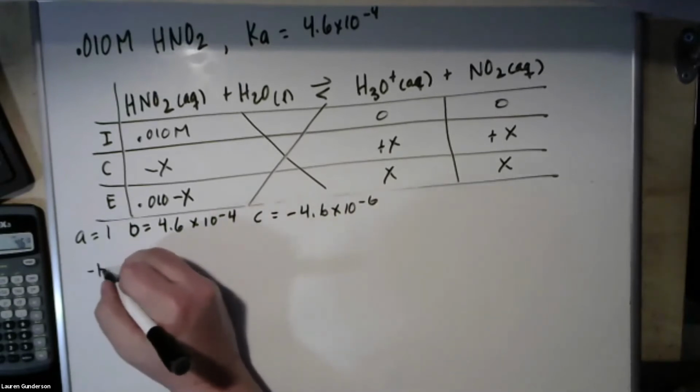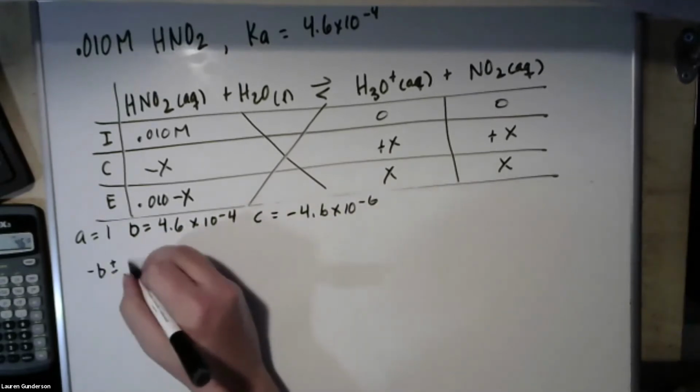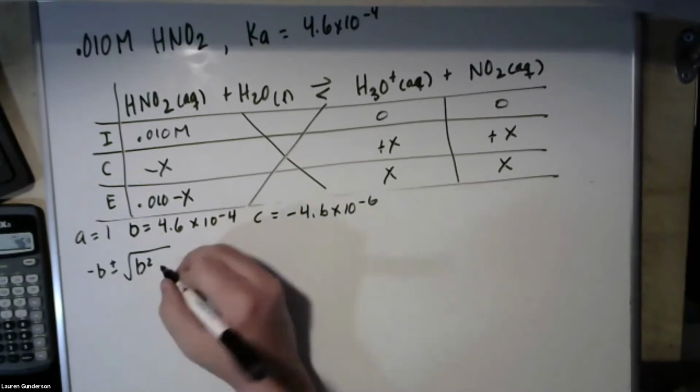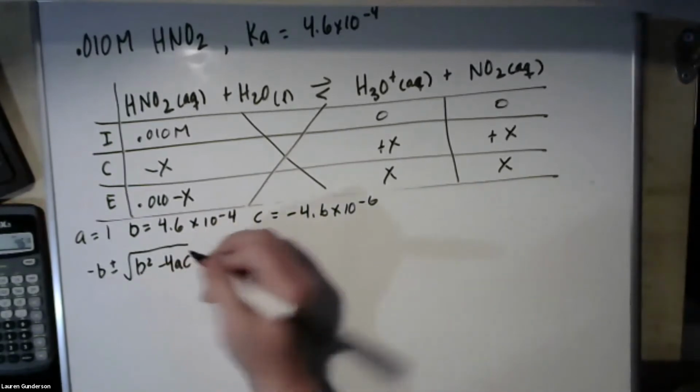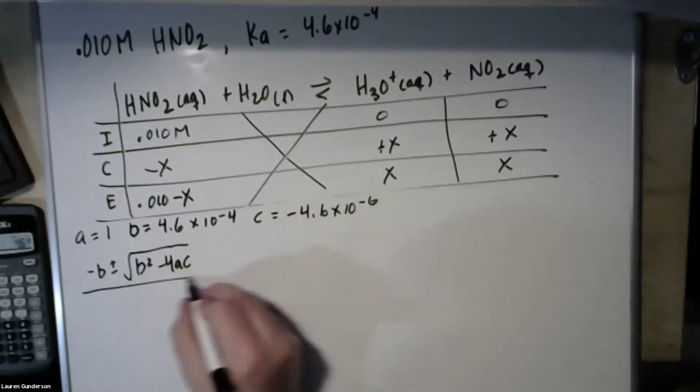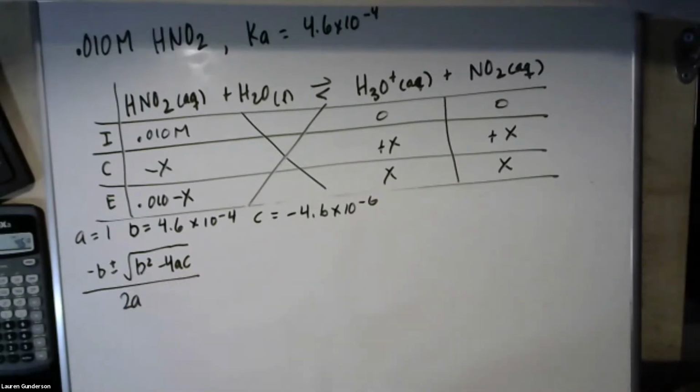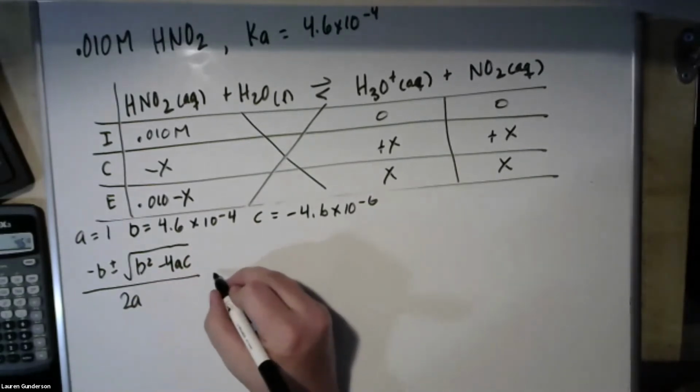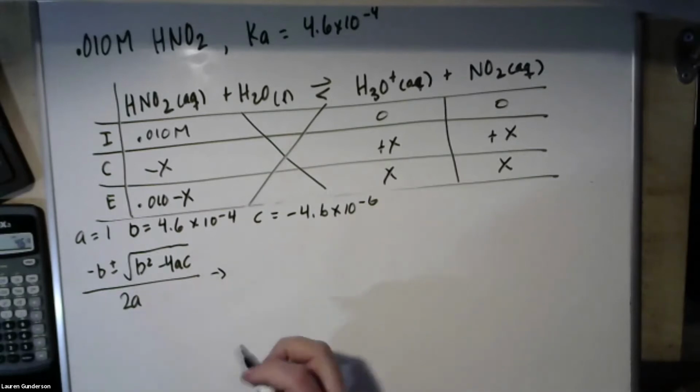So we have minus b plus or minus square root b squared minus 4ac all over 2a. Okay, and we'll plug in all of our stuff now.